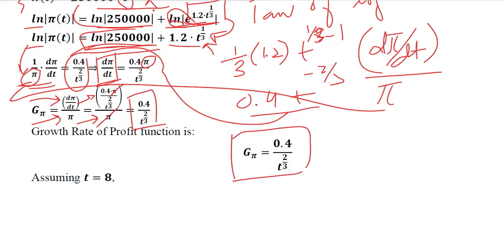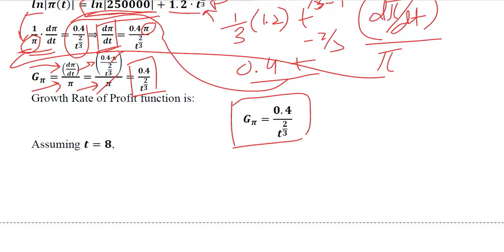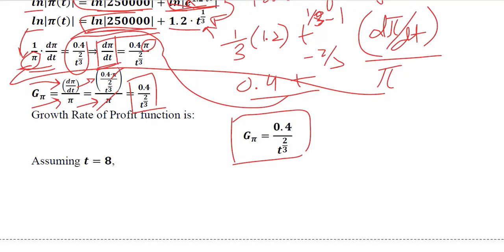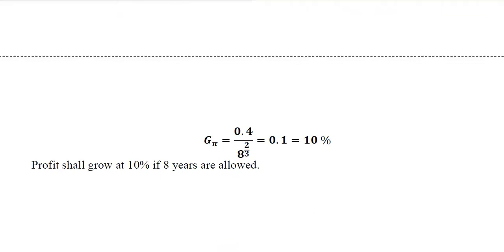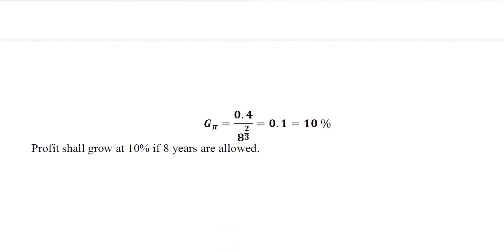Now, just to see the ability of this growth rate function to guide us about a certain level of growth in the profit after, for example, 8 years or 8 points in time, we can calculate it by substituting t equal to 8 and then solving it.